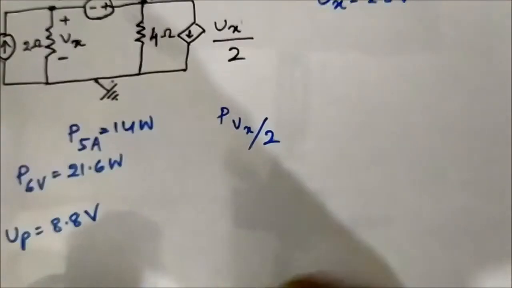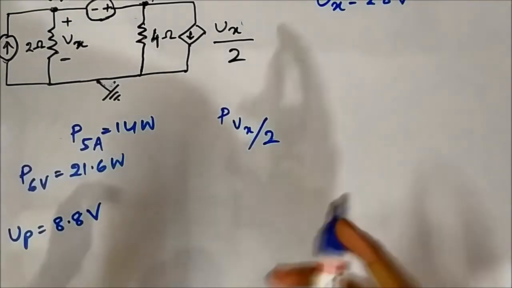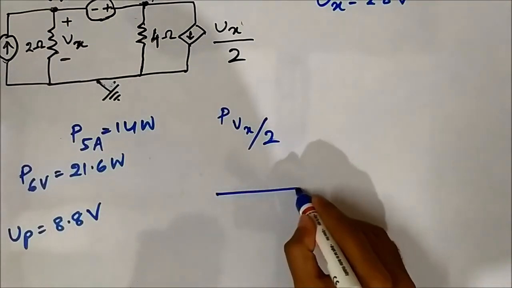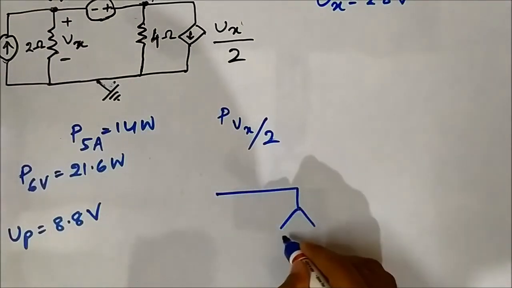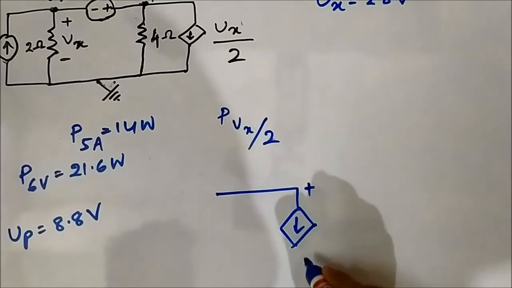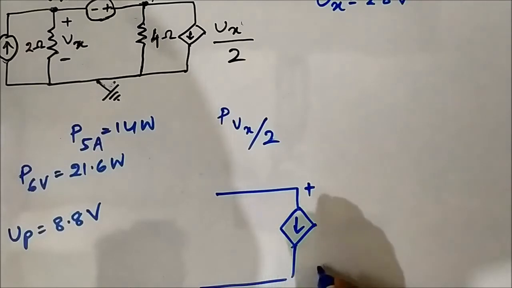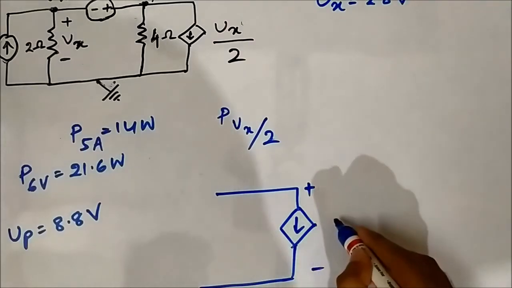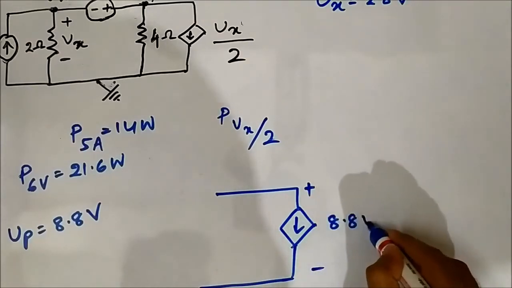It means that the voltage across this is equal to 8.8 volt.